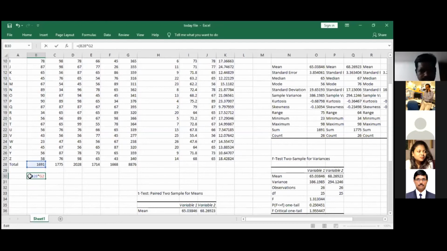E28 and 2, divided by the overall total.